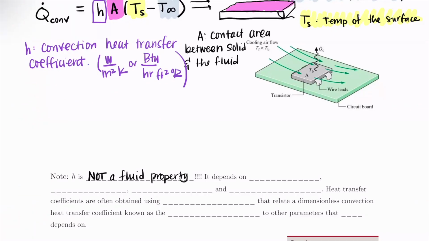And instead it depends on several things. So it's going to depend on the fluid velocity. It's also going to depend on fluid properties. So it's not purely a fluid property, but it does take into account fluid properties. And then it also depends on the temperature and the geometry of the solid object.